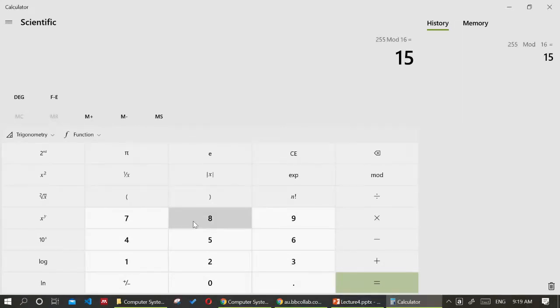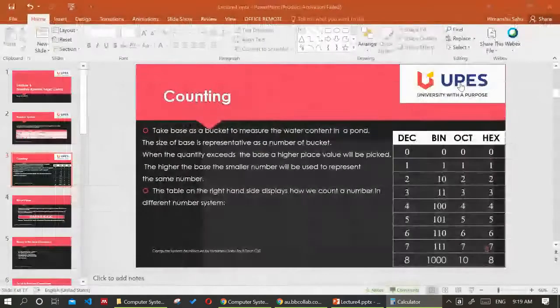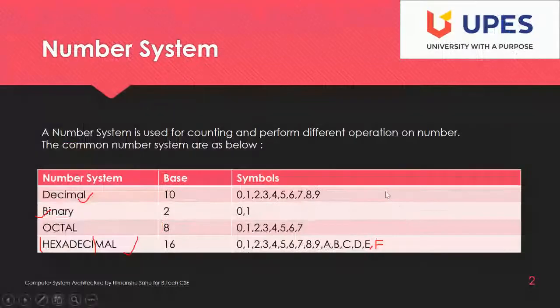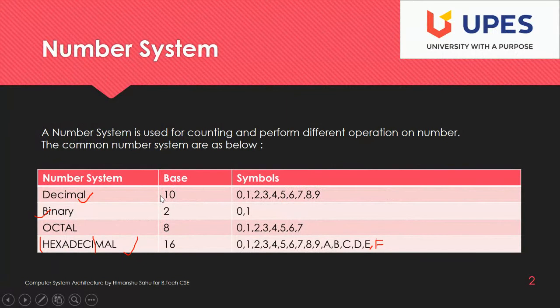Now if you take 256 mod 16, then you will be getting 0. That means you cannot go beyond the base of that particular number. This is why it is known as the base. Whenever this value exceeds, you will be taking some other digit. I will explain it later.